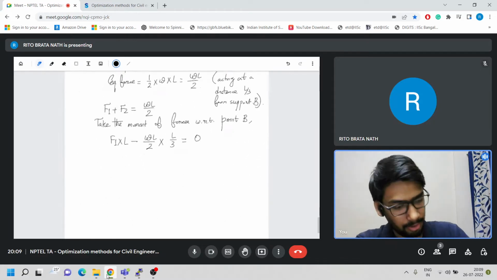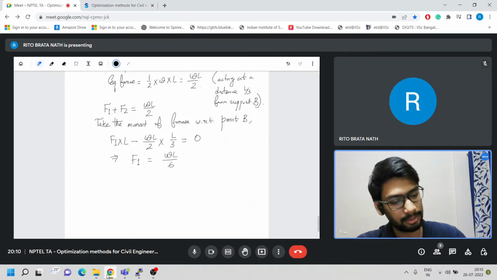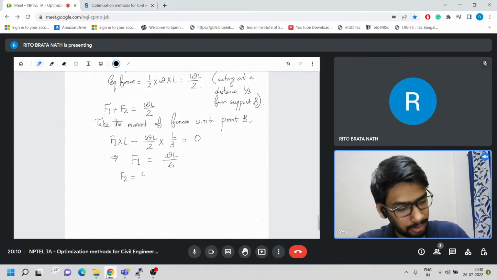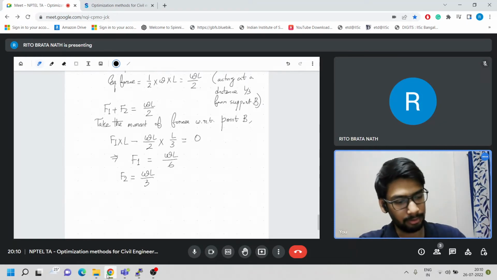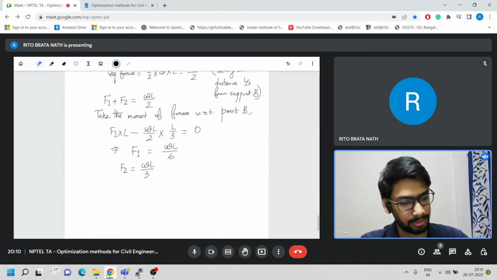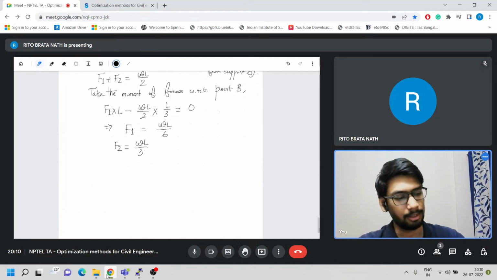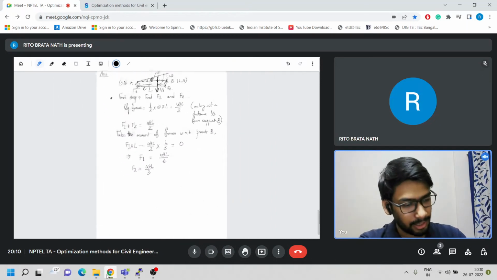Now if you solve this, just eliminate L from here, you will be left with F1 is WL by 6. And if you subtract from the earlier equation, you will get F2 as WL by 3. So I think this is correct. 6, 3, yes, this is correct. So now you can go to the second step.